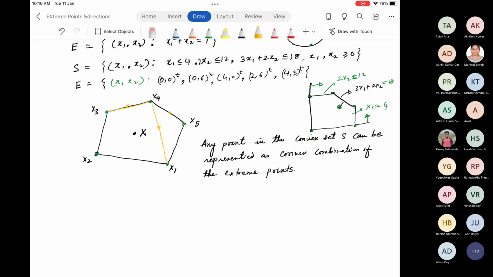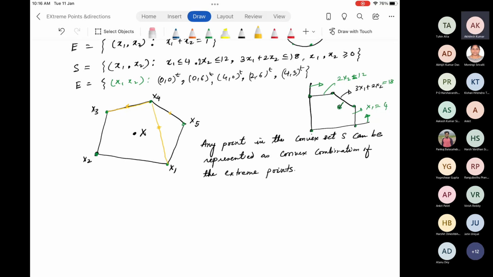So intuitively, joining two extreme points to make a line and then taking any point on that line can be easily visualized. But if you take any other random point, how do we understand that? See, you guys are advanced degree students. You need to look beyond what I'm teaching.